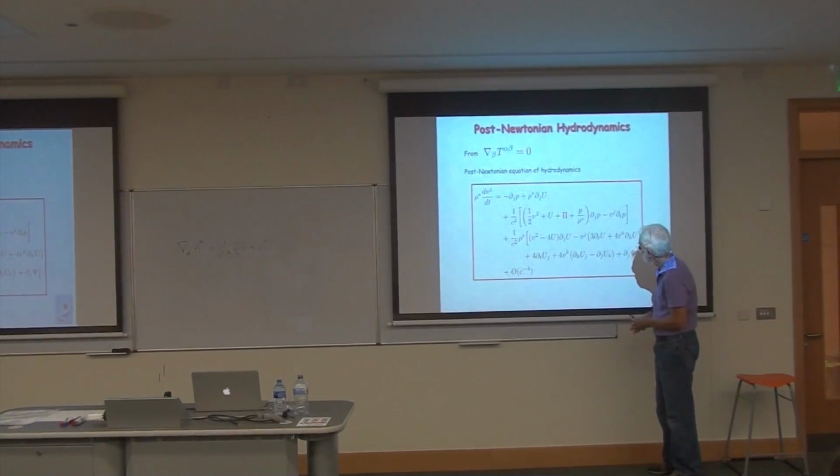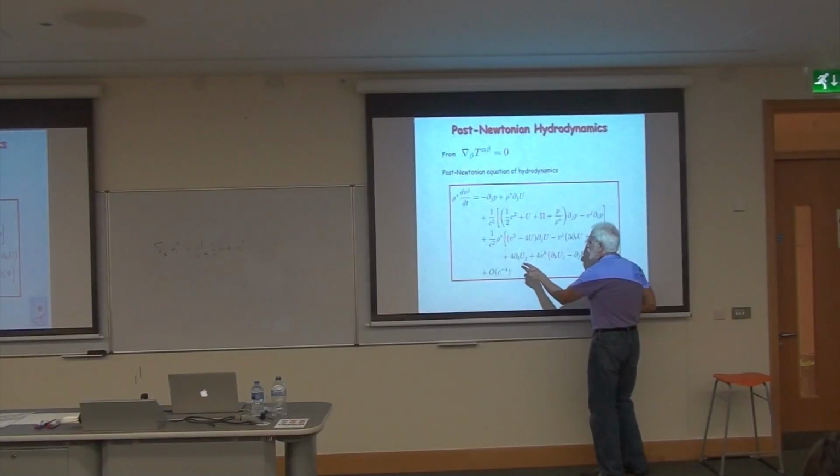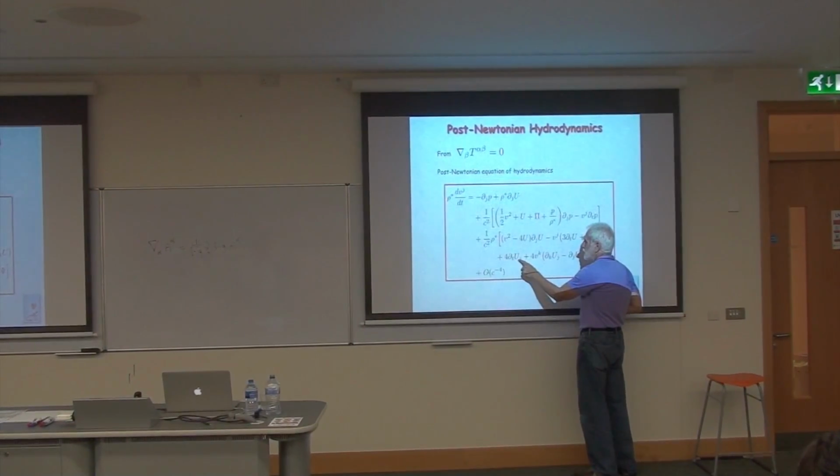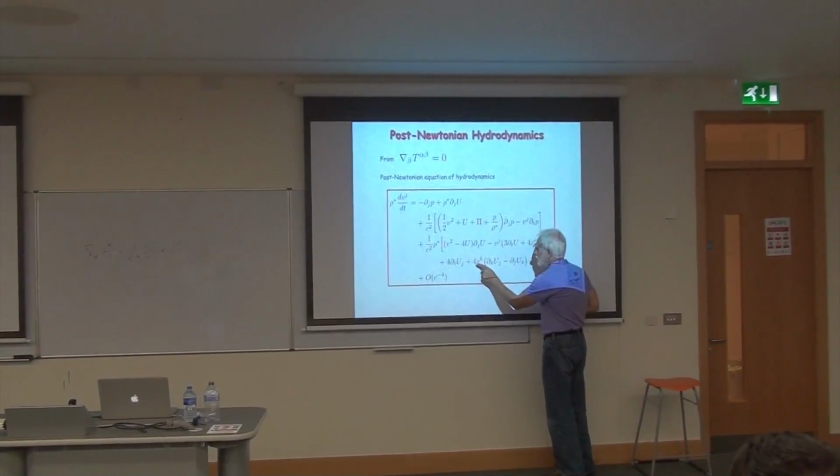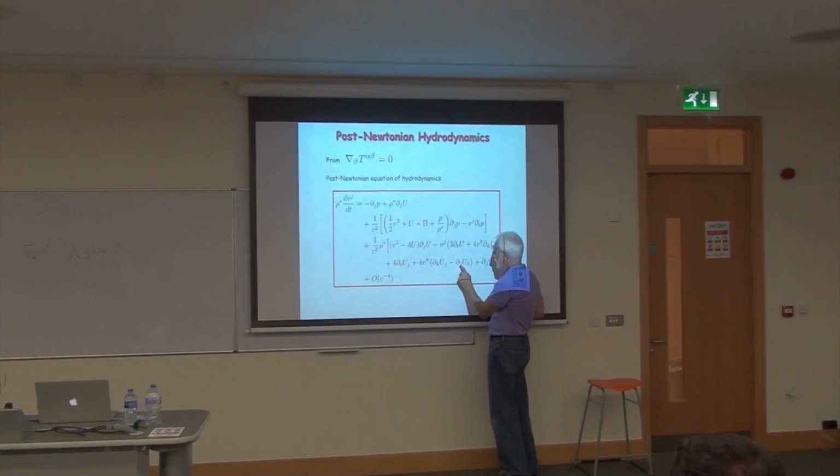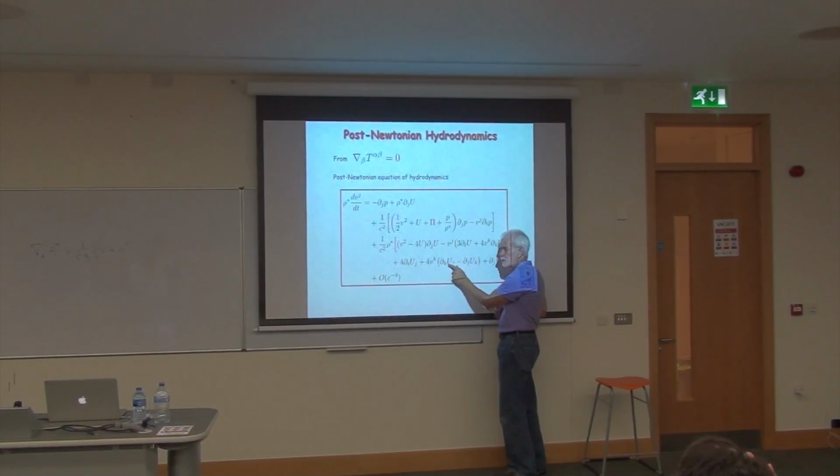Here is something that has the time derivative of the vector potential, and this thing is V dotted into this antisymmetric combination of derivatives.